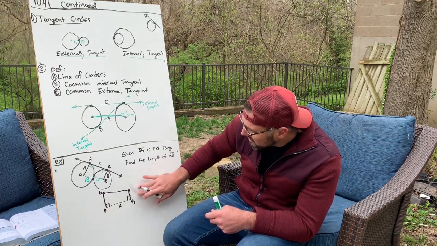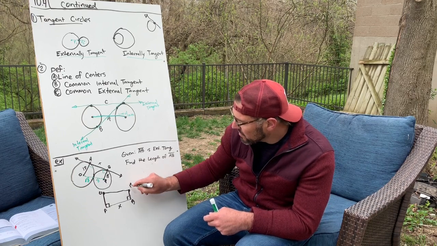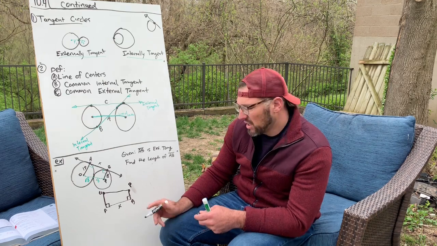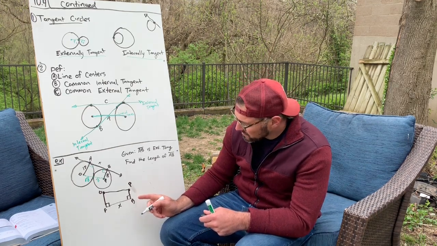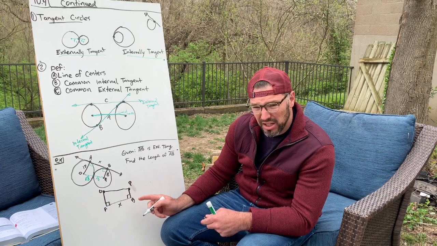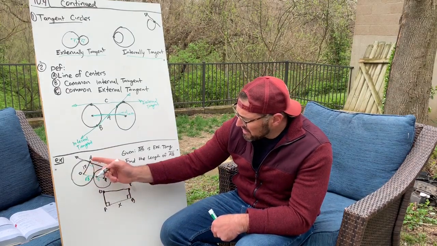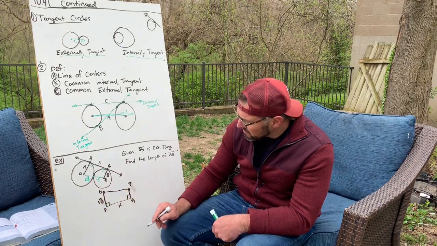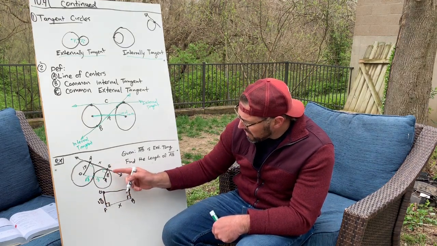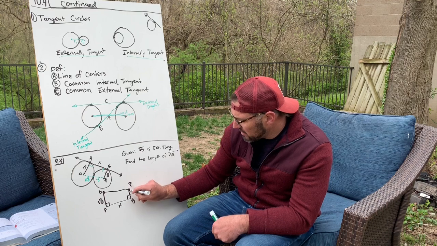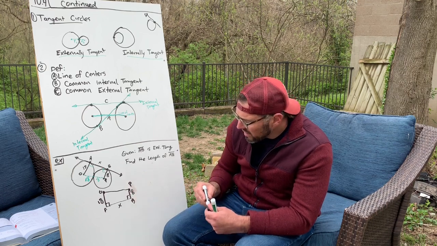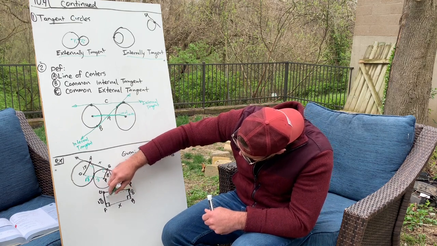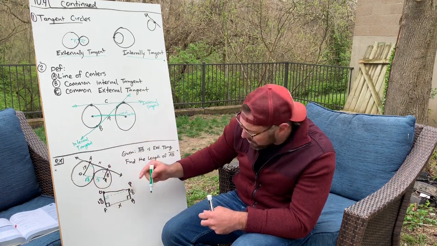Now, we have a type of shape here. It's not exactly a rectangle, but let's fill in what else we have. So this radius OA is 18, which means that is 18. And this radius BP is 8, which means this is 8. Now, can't we draw a line here that would be perpendicular?